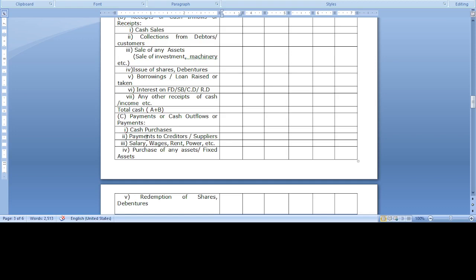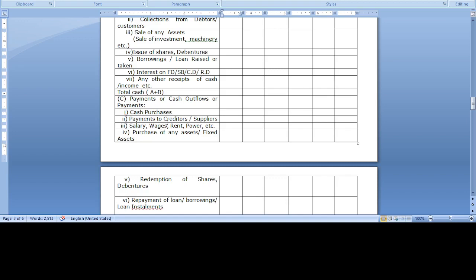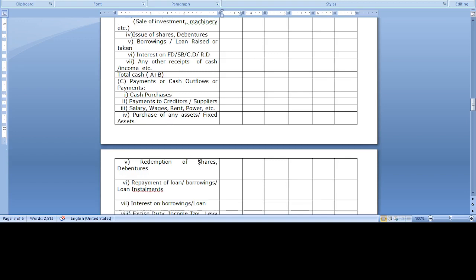Under the payment section, you may get cash purchase amount, payment to creditors, payment to suppliers, payment in the form of salary, wages, rent, power or any expenses. And you may have to pay an amount while purchasing any asset or fixed asset. When you do redemption of shares, generally redemption of preference shares, or redemption of debentures, you are going to pay money.